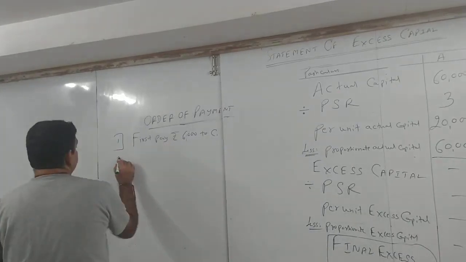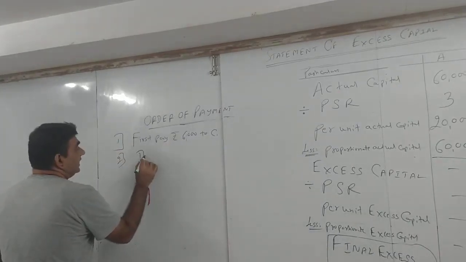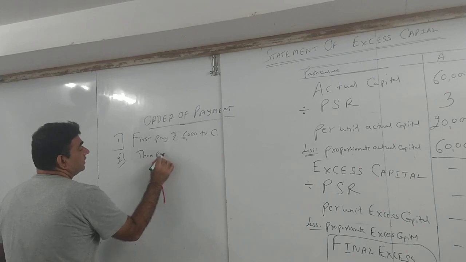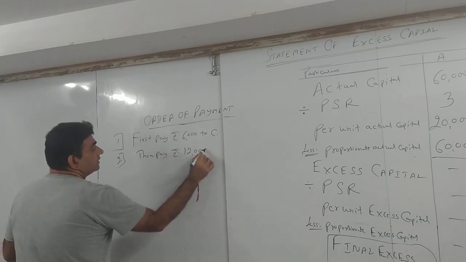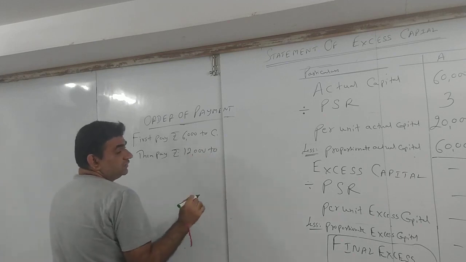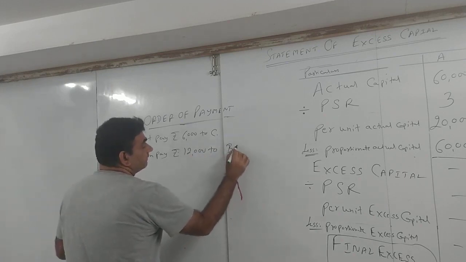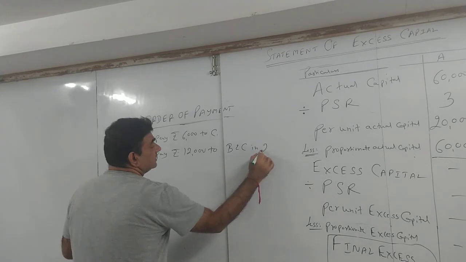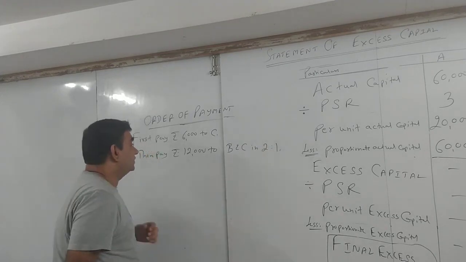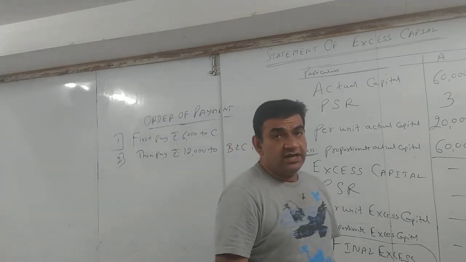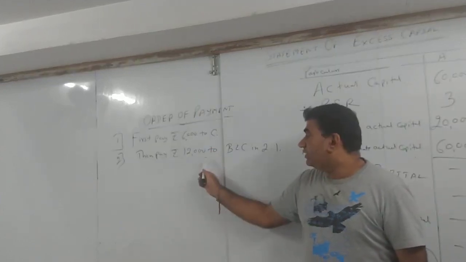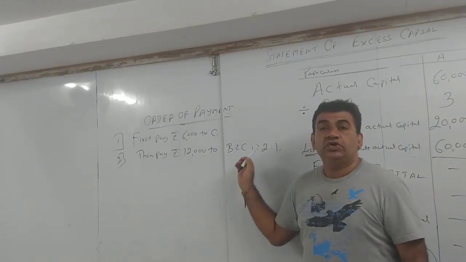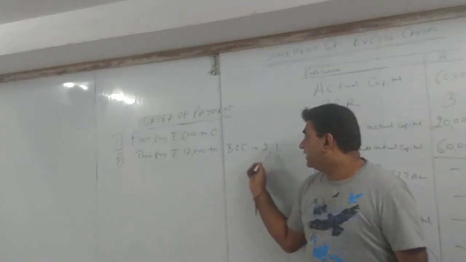So step number 2: pay rupees 12,000 to B and C in 2:1. Okay? First you will pay 6,000 to C, and then you will pay 12,000 to B and C in the ratio 2:1.